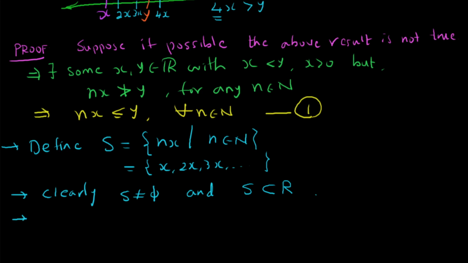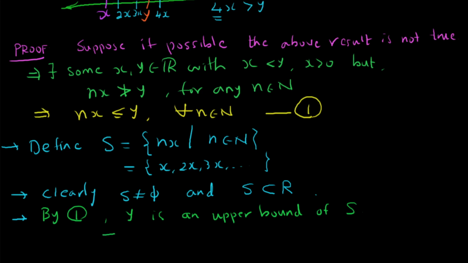Also, by result number 1, the number y is always bigger than all the numbers in the set S. So y is an upper bound of the set S. So we have three properties of the set S. It is non-empty, it is a subset of R, and it is bounded above.